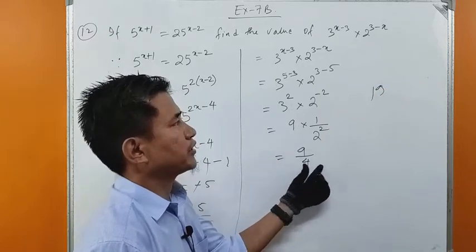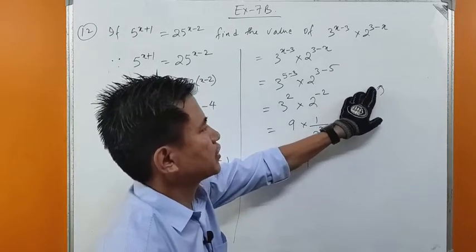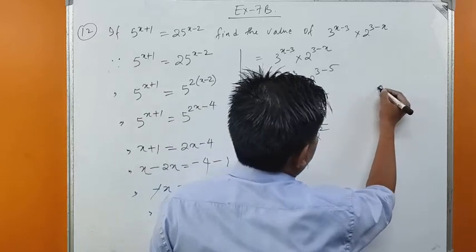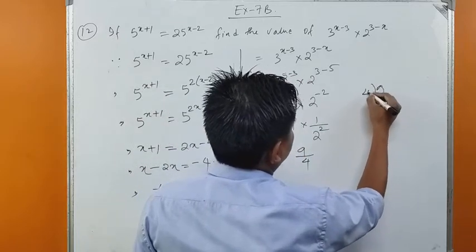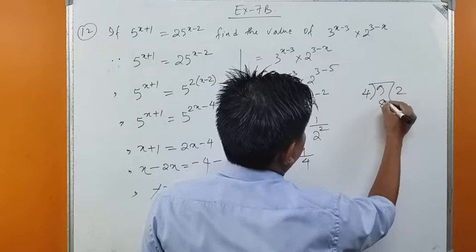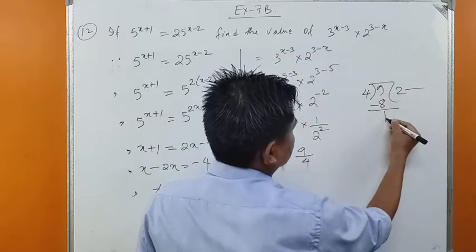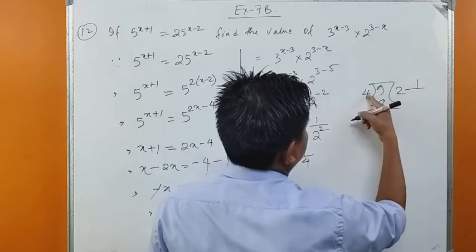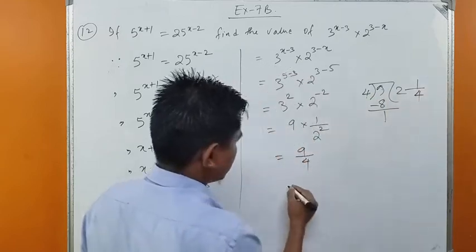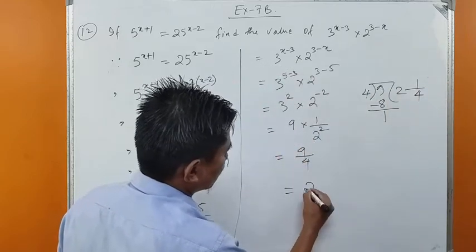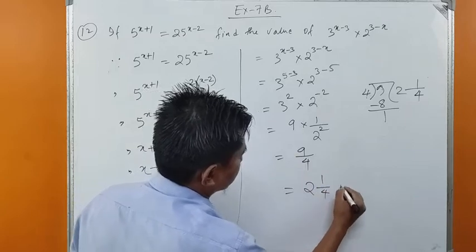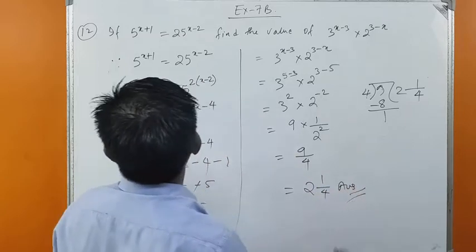So if the number is an improper fraction, we must change it into a mixed fraction. 9 divided by 4: 4 twos are 8. 9 minus 8 is 1. So this 2 remains here. The remainder goes up and the divisor comes down here. This means 9 upon 4 is 2 whole 1 by 4. This is the answer for question number 12.